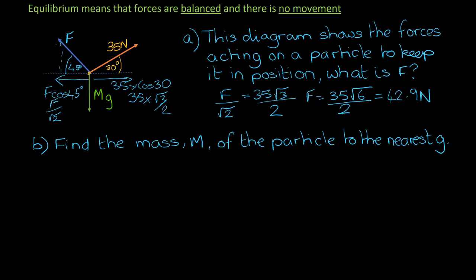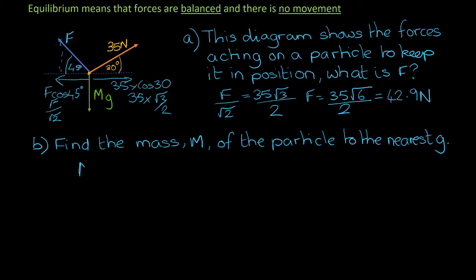We're asked now to find out what the mass of this particle is to the nearest gram. So to do this, we now need to resolve vertically instead. So we need the vertical components of the F and the 35 Newton force. They're going to balance the mg force, the force of the weight of the particle going in that way.